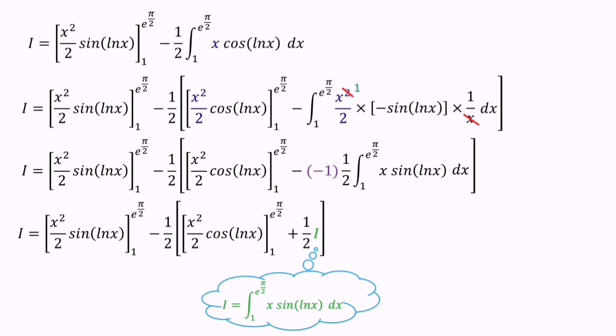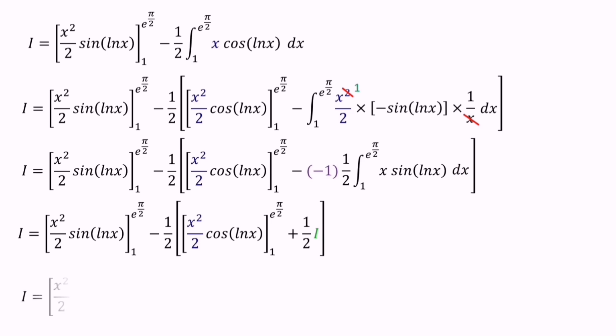Now remove the brackets. We need to multiply x squared over 2 cos(ln x) and half I by minus half.